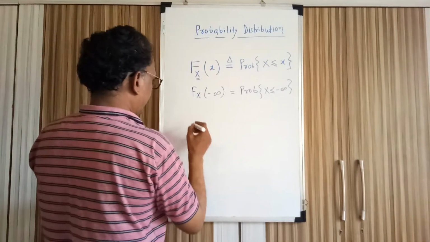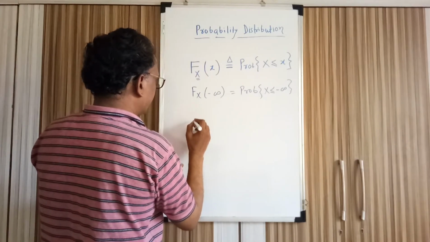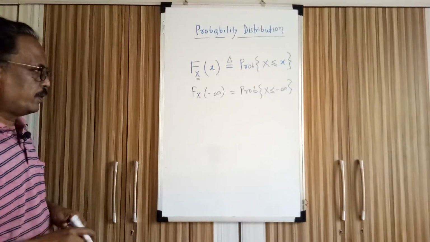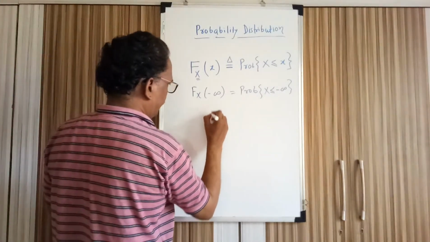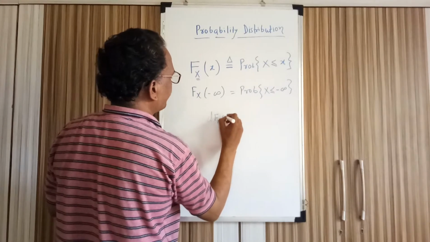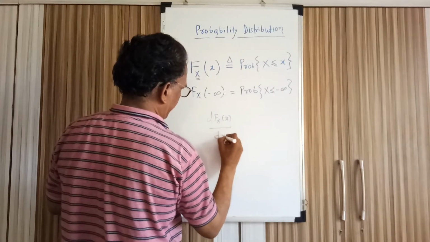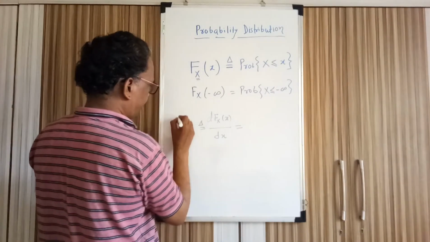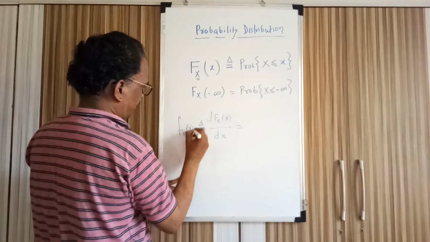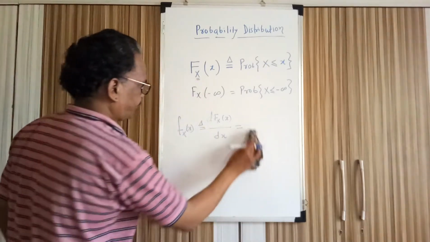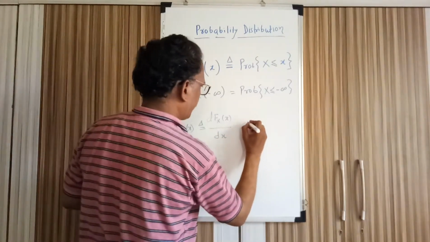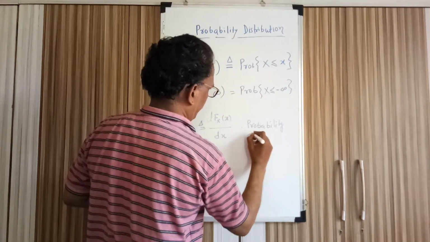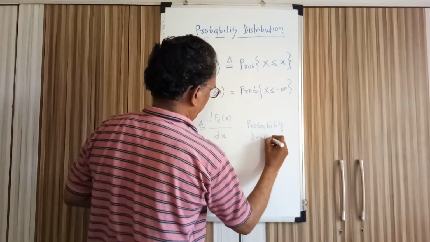If I am having a distribution function, we can find the density function. So we know that the differentiation of the distribution function Fx of x dx is nothing but, rather it is good to write on this side, fx of x, the density function, the probability density function.